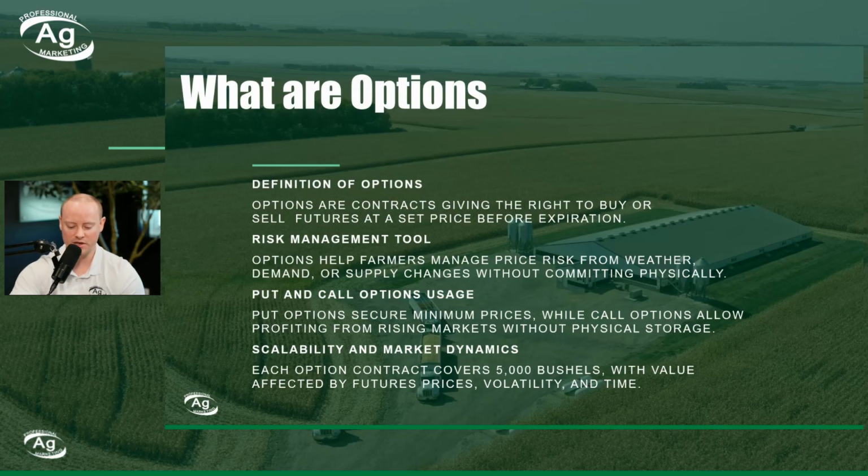And then scalability and market dynamics. Each option contract covers 5,000 bushels, with the value affected by futures prices, volatility, and time. So there is a factor that's not just one-to-one here that we'll get into. But when it comes to quantity and size, this is important because you can do mini contracts on grain, for example, whereas with options you're only limited to a 5,000 bushel contract.